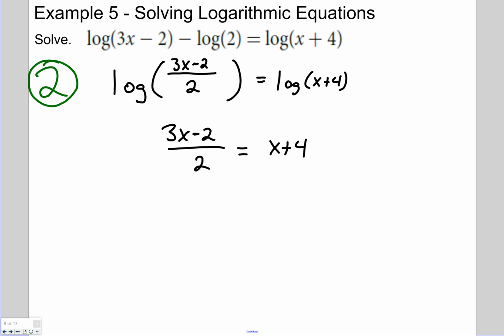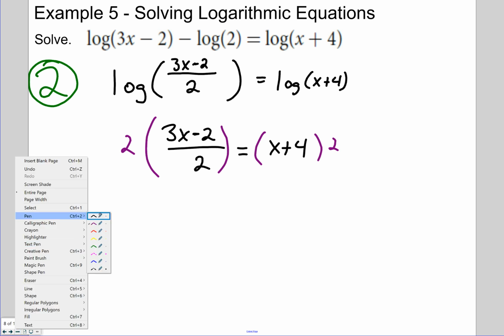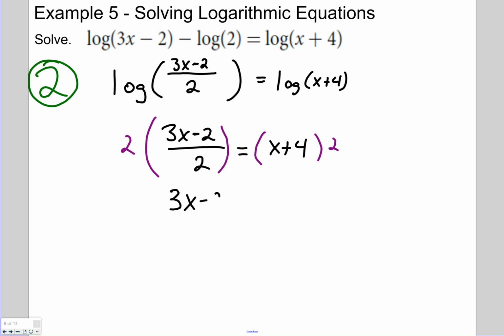Now it becomes early high school. All right, what should we do next? Move the 2 over with multiplication. Sounds good to me. So on the left side, we have 3x minus 2 equals.